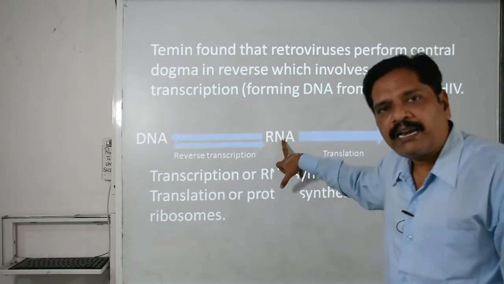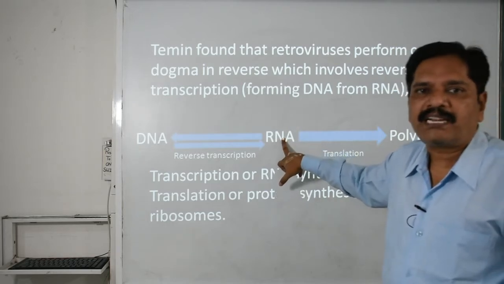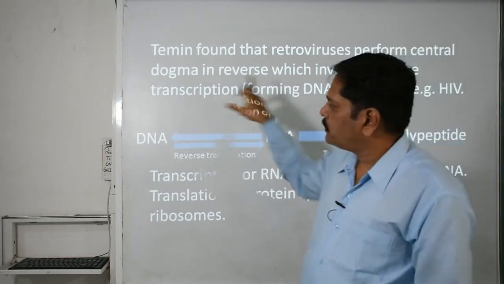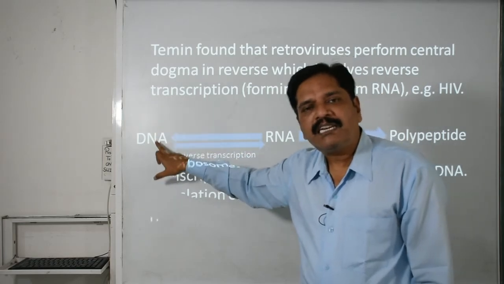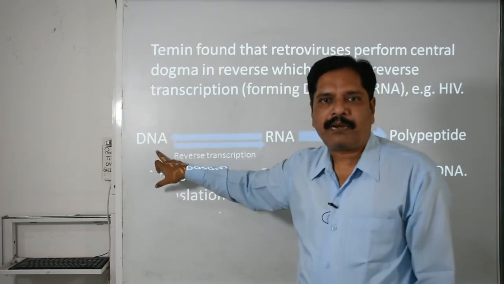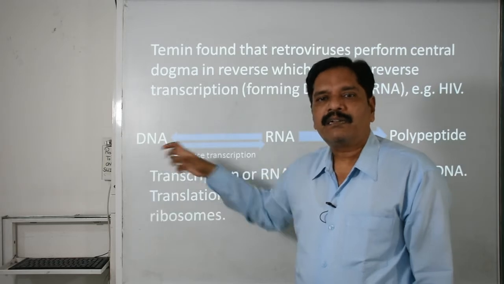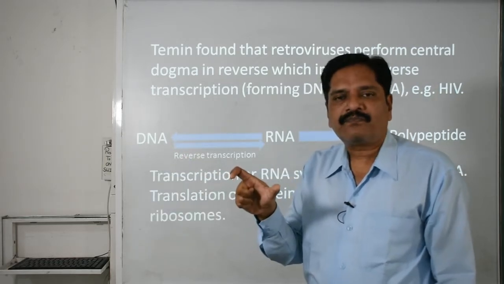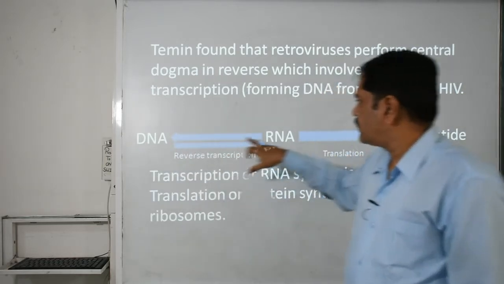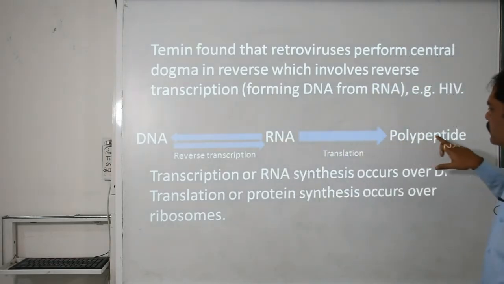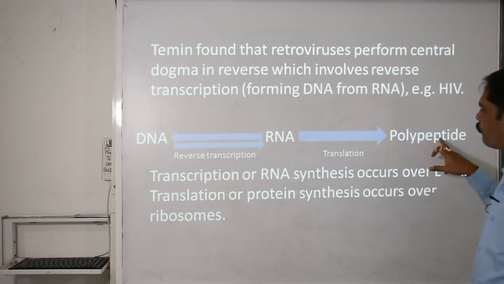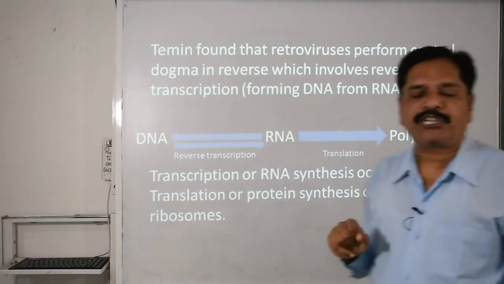So if this RNA wants to flow genetic information, then first it needs to form the DNA, and then this DNA, by using itself as a template or mold, will produce RNA, and then this RNA, by using the cytoplasmic content, will translate itself in the form of a polypeptide chain, okay.